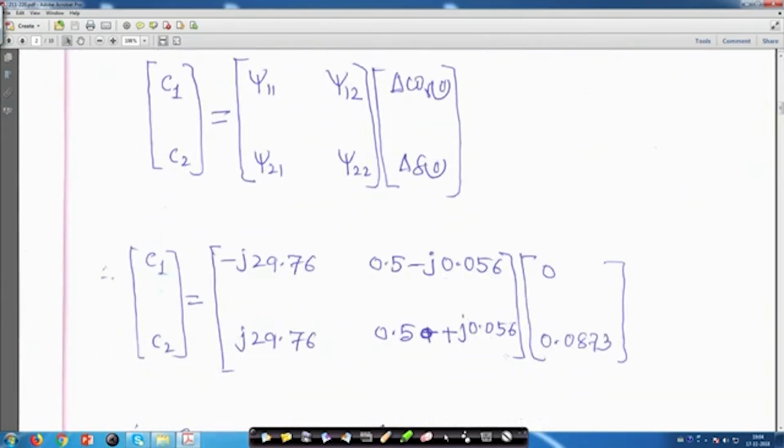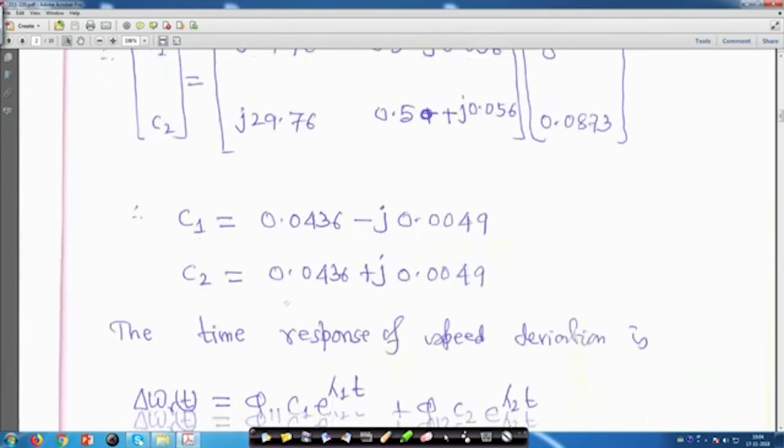We put these values and simplify, then you will get C 1 is equal to 0.0436 minus j 0.0049 and C 2 will be 0.0436 plus j 0.0049.